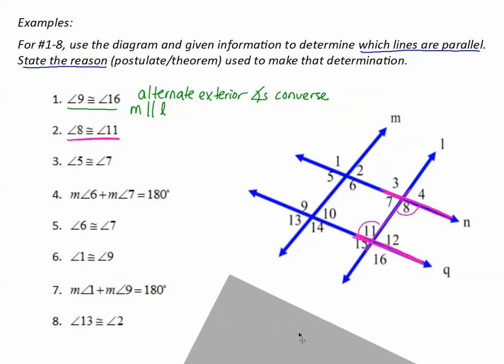Let's make that note. 8 and 11 are alternate interior. Now, alternate interior angles are supposed to be congruent. So this does tell us we have parallel lines. So according to the alternate interior angles converse, which are the lines that we traced over? This line, Q, and this line, N. So we can say Q is parallel to N.